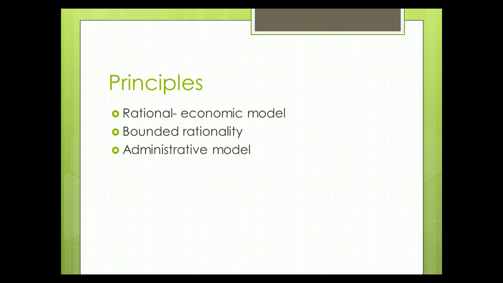So it's saying there's some limitations to our ability to be rational. And some of those limitations might include the human mind. Maybe the person or the mind that is making the decision has some limited abilities as far as being rational. And that could be for a variety of reasons, whether emotional or intelligence. So there's some limitations due to the human mind.